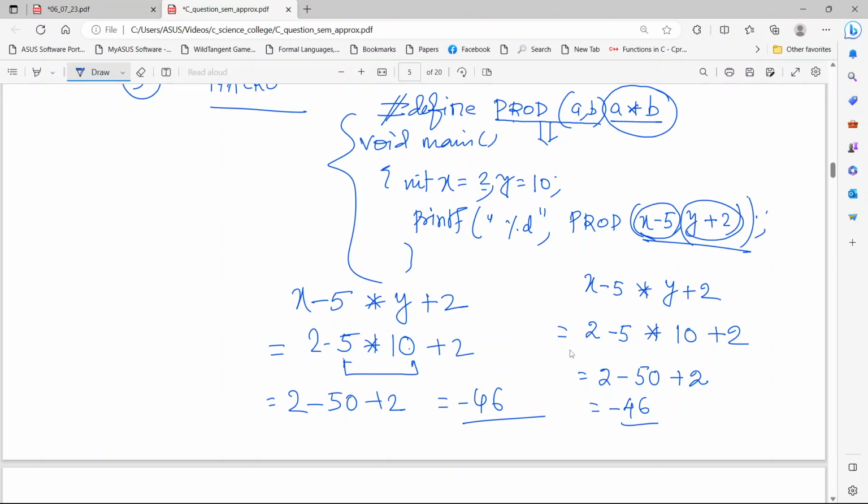Don't do it like this: 2 minus 5, you are doing that as minus 3, and 10 plus 2 as 12, and then multiplying 12 by minus 3. Don't do like that, right? First substitute the value and then apply the rule, because the multiplication will be done first and then the rest of the thing. So is it clear?